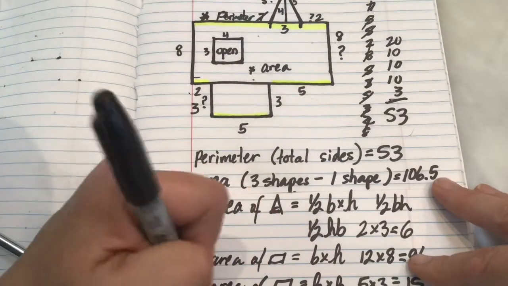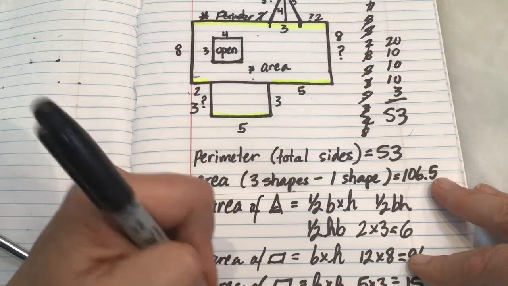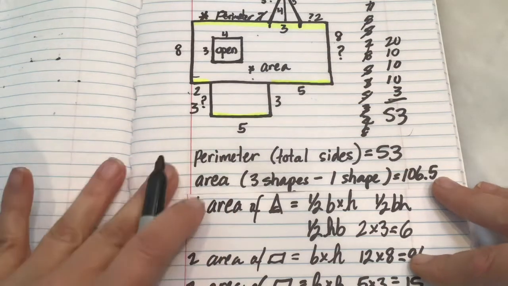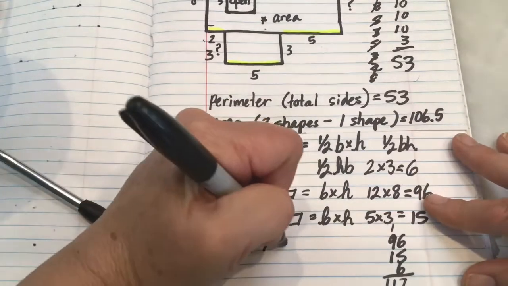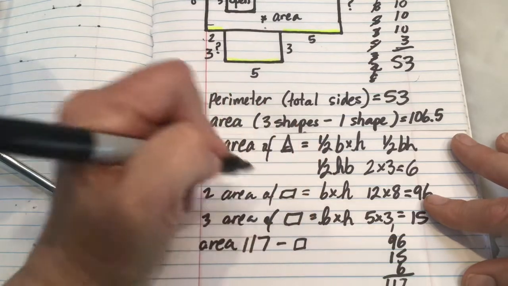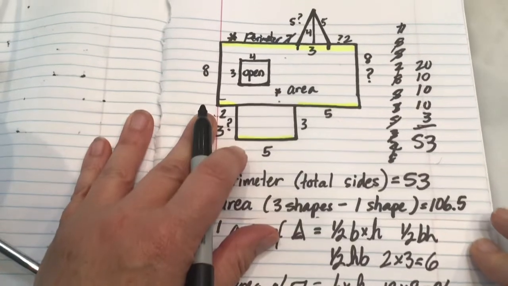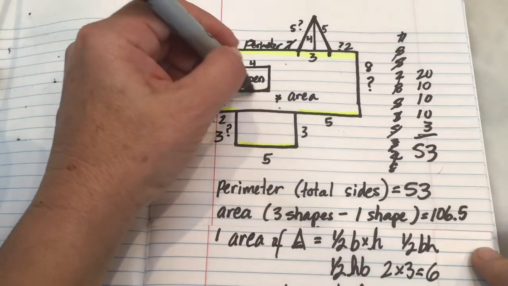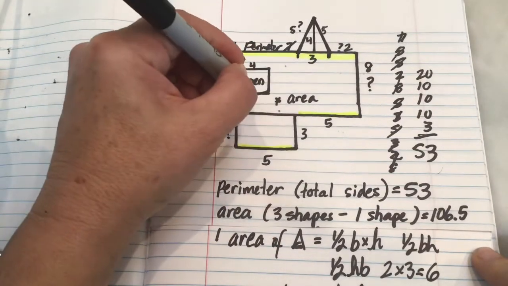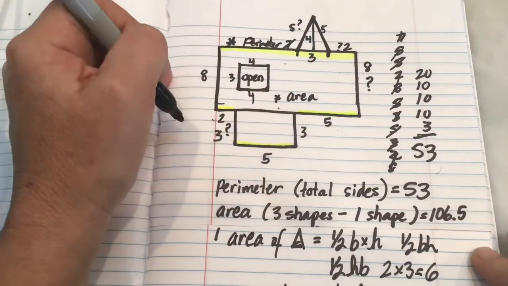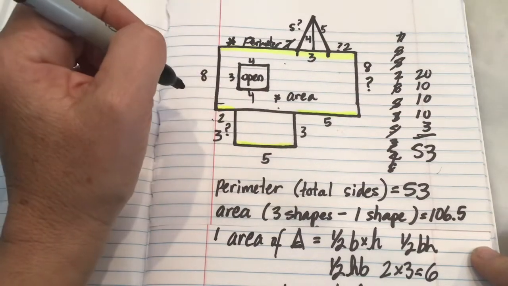But we're not done because we haven't really done the area yet. We haven't done the area until we subtract that quadrilateral that's in the center. And if we go back and look at the figure, we can see that it's a base of 4. Well, how do I know that? Because if the top is 4, the bottom is also 4. And it's a height of 3.